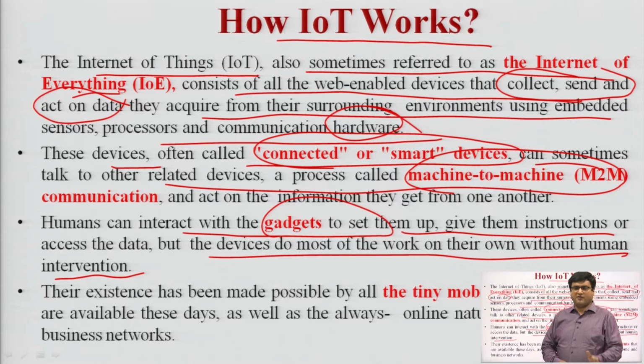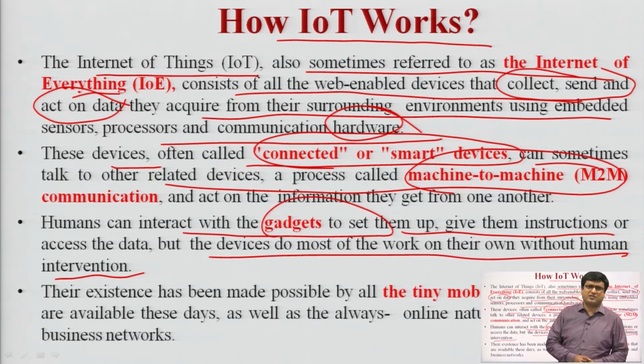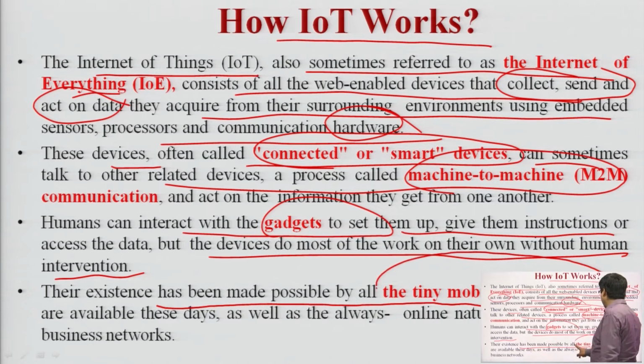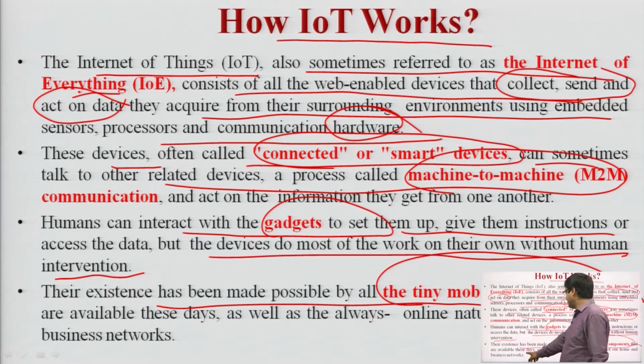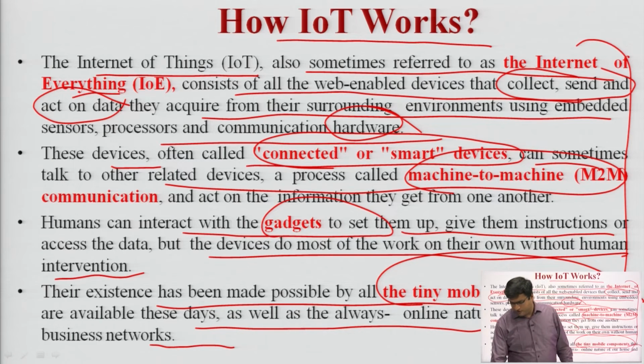There is only hardware, enabled through software, with a processor and wireless techniques, and one machine is connected to another machine. Their existence has been made possible by all the teeny mobile components available these days, as well as the always online nature of home and business networks. So this is how IoT devices work.